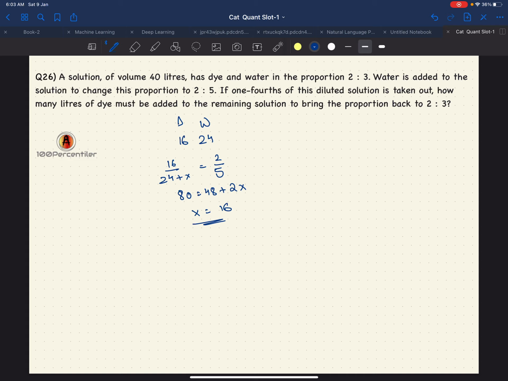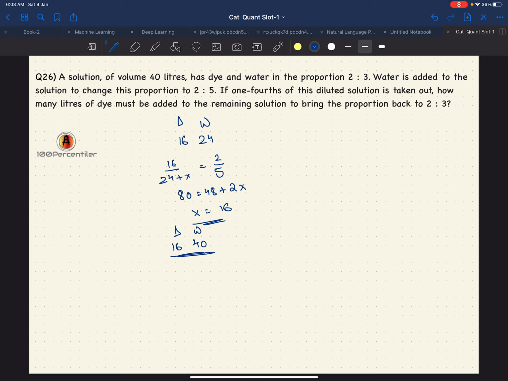So the total solution now becomes 16 of dye and water is 40. If 1/4 of the diluted solution is taken out, how many liters of dye must be added to the remaining solution to bring the proportion back to 2:3? So we have to take out 1/4 of this particular solution.